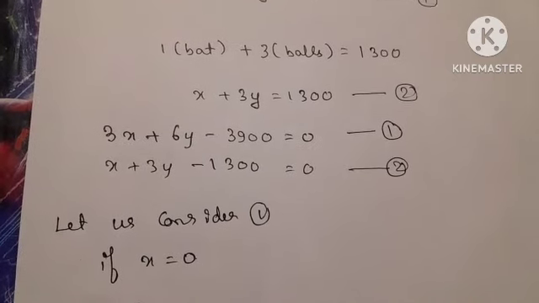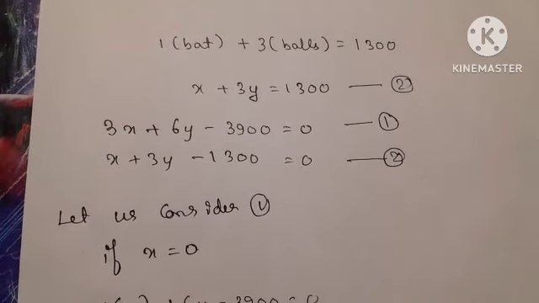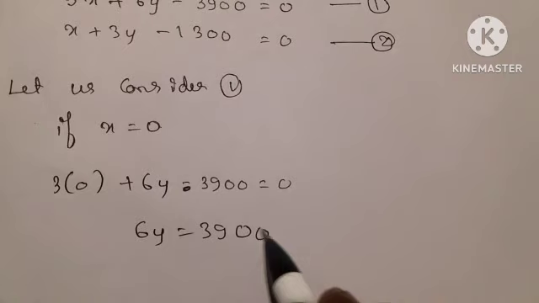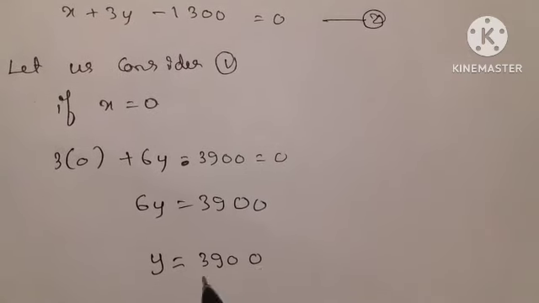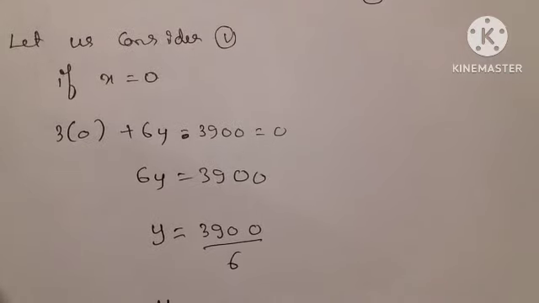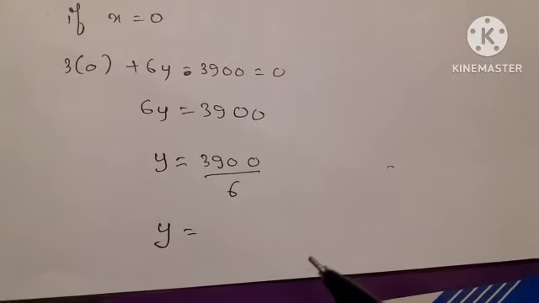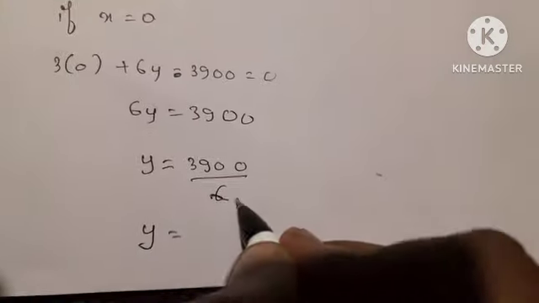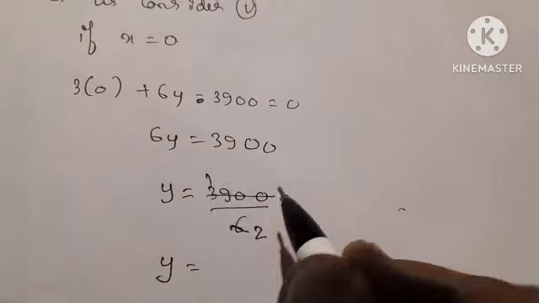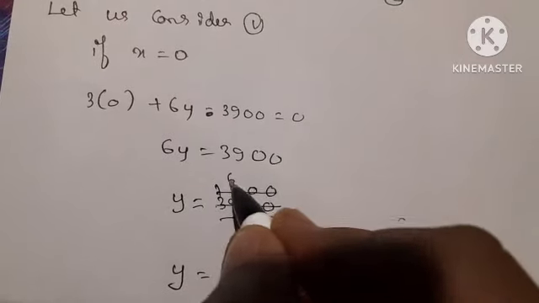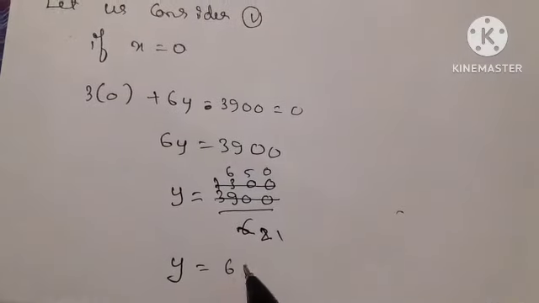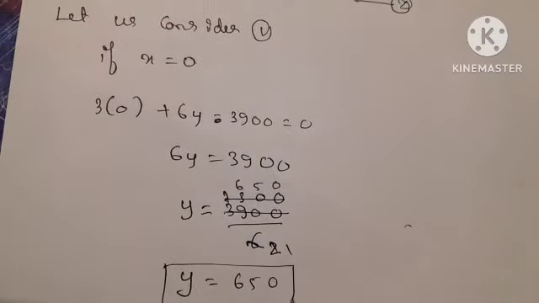So 6y equal to 3,900, and y can be written as 3,900 divided by 6. So y equal to 650.